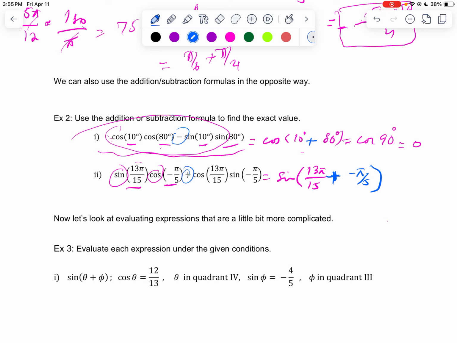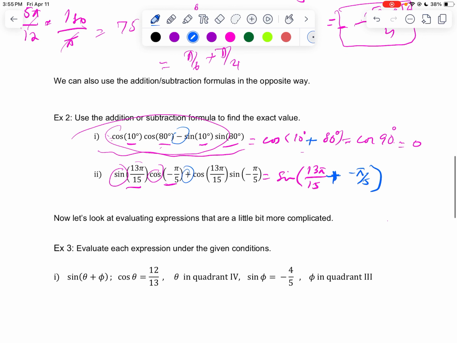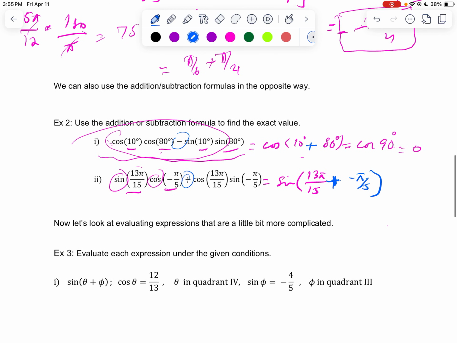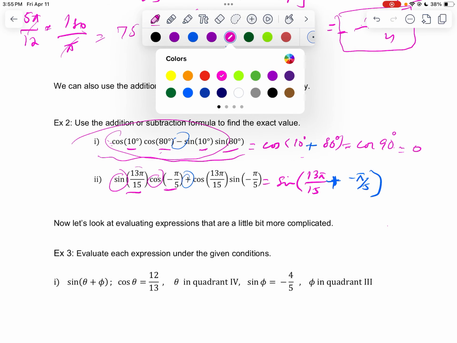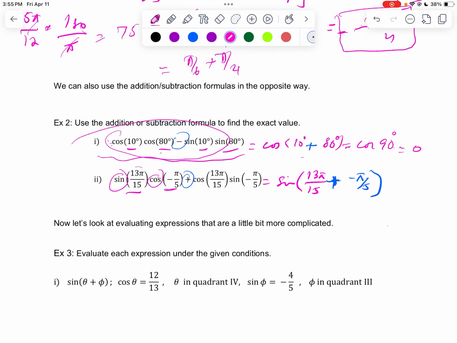So I will write it as sine of 13 pi over 15 minus pi over 5. So what is 13 pi over 15 minus pi over 5? We can see that the common denominator will be 15.